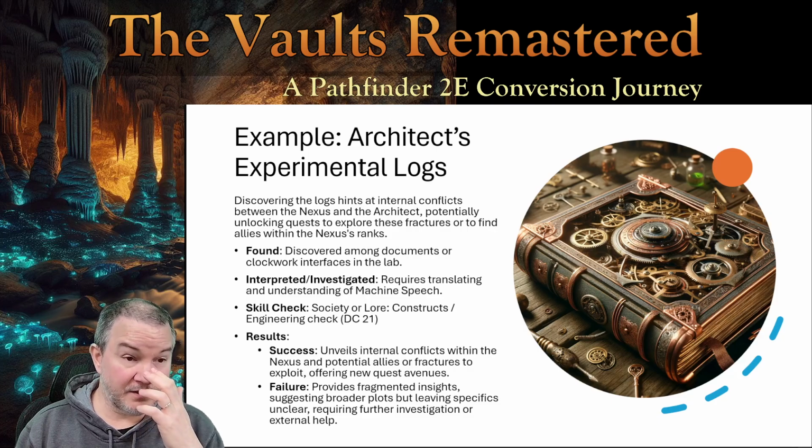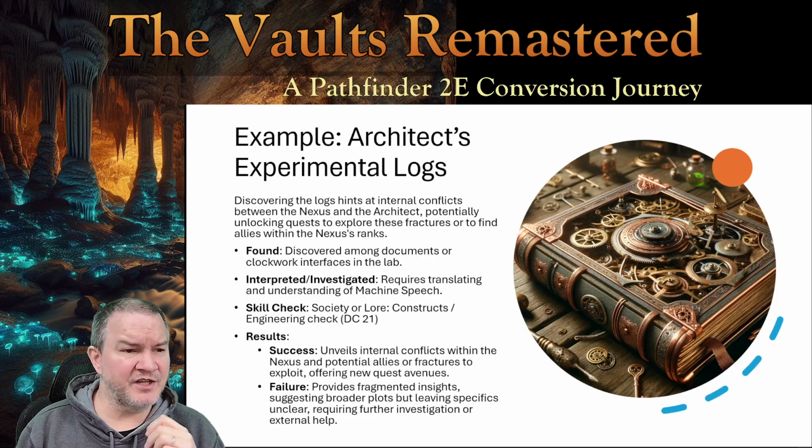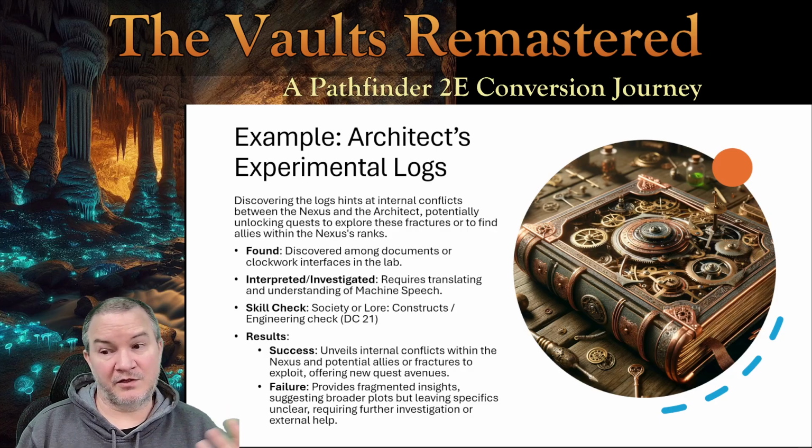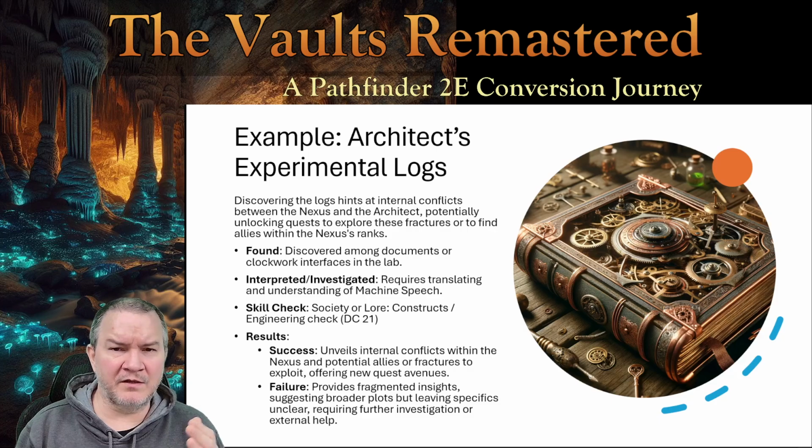And within the logs, there are some suggestions of a potential conflict between Nexus, the BBEG, and the architect, whoever that is, who is actually running this lab. And this potentially unlocks quests again to explore a potential fracture between these two entities, even though they're supposed to be working together. Or maybe it gives the player characters ideas for finding allies within the Nexus's ranks.